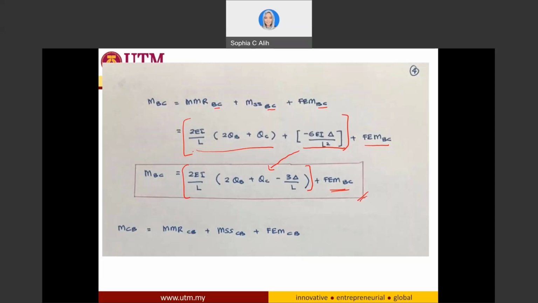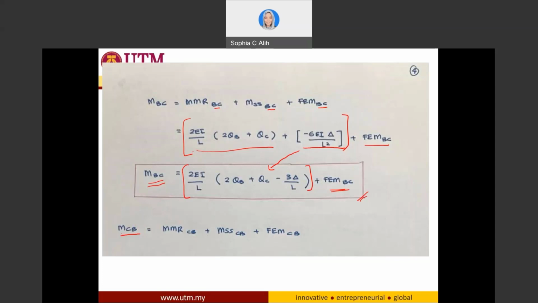Now you have already derived the equation for the end moment at BC. This is the time to look at the other end in order to determine the end moment of CB.